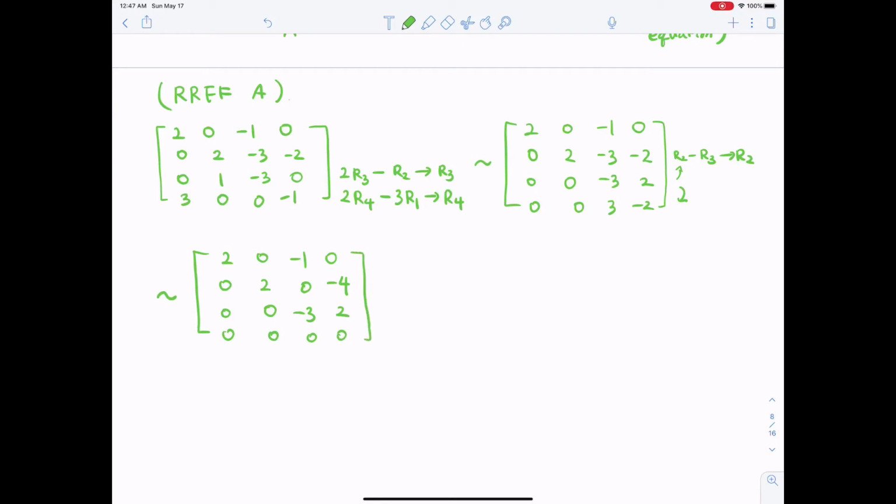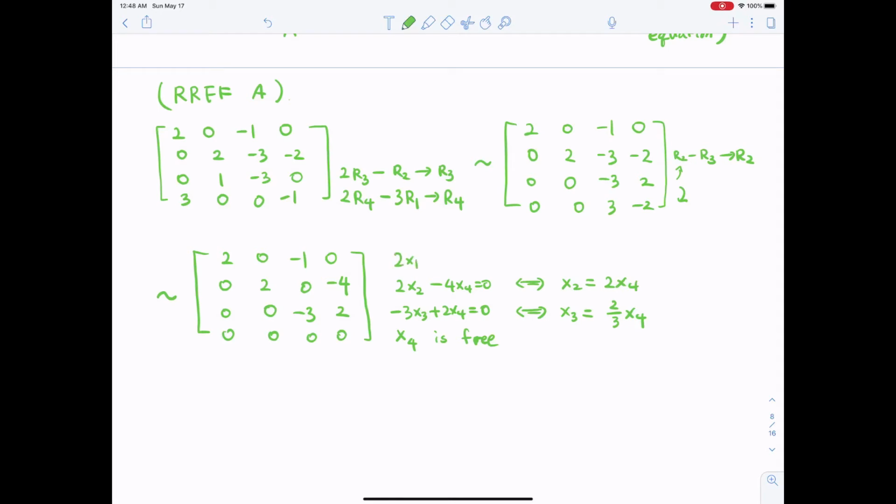From here, we can tell that x4 is a free variable. Negative 3x3 plus 2x4 equals 0, or x3 equals 2/3 times x4. And 2x2 minus 4x4 equals 0, which is equivalent to x2 equals 2x4.